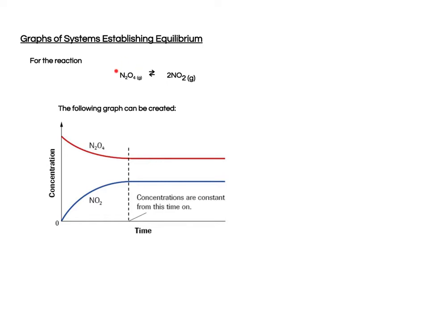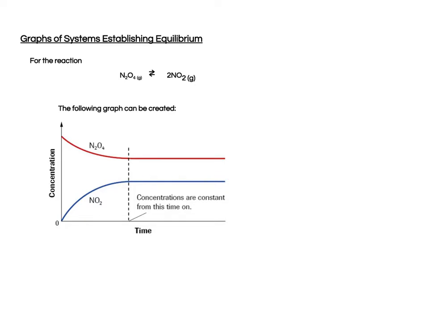Because this N2O4 is reacting, the forward reaction is proceeding, and that's going to create some NO2, but it's going to consume our N2O4. As you would expect, if the N2O4 is being consumed, it's being consumed so as to produce NO2. And so the amount of NO2 we see steadily increasing over time.